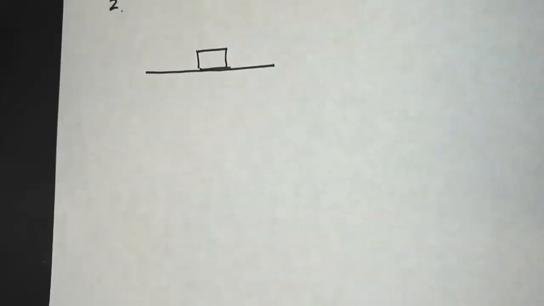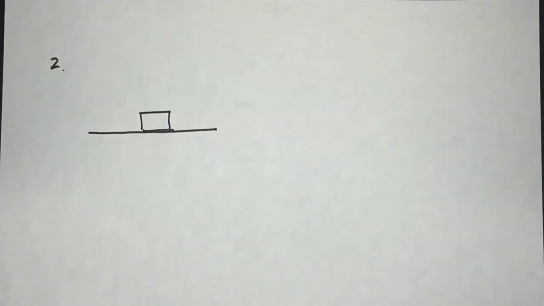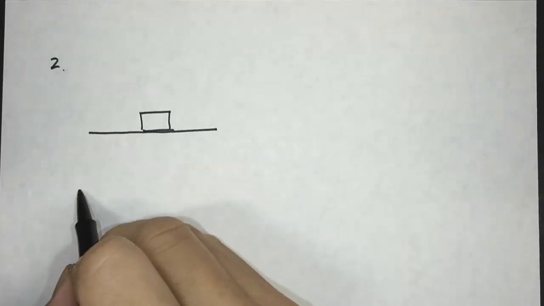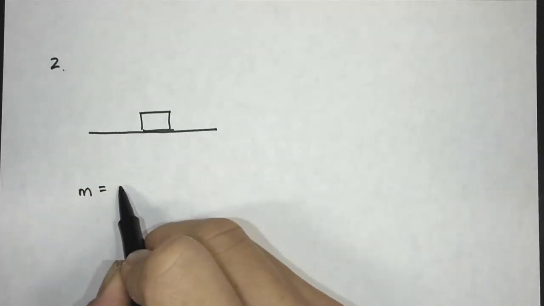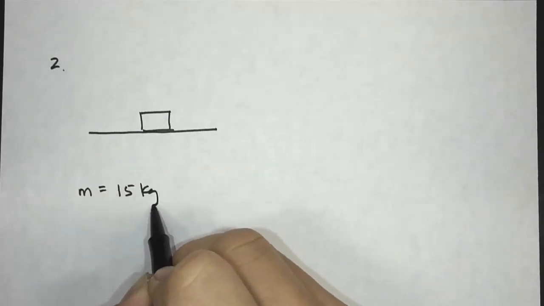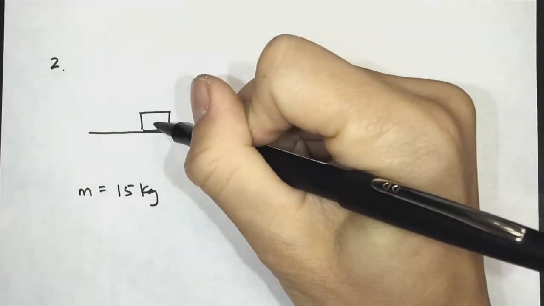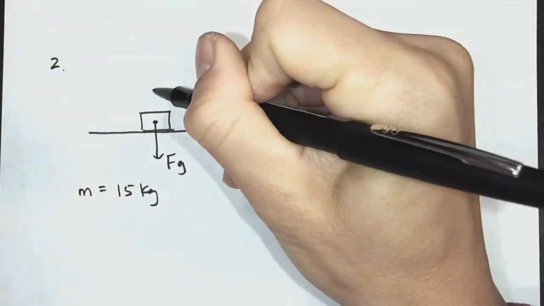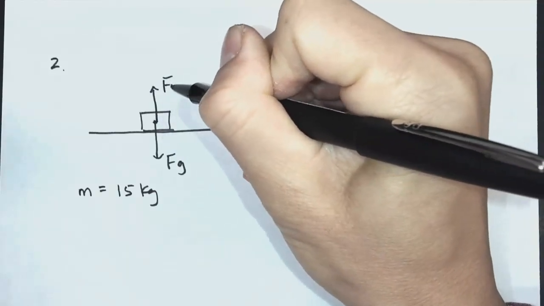All right, let's take a look at another problem. This time we're going to look for the acceleration. So we have a crate here. The crate has a mass of 15 kilograms. So we can calculate its Fg. We can also figure out its Fn.